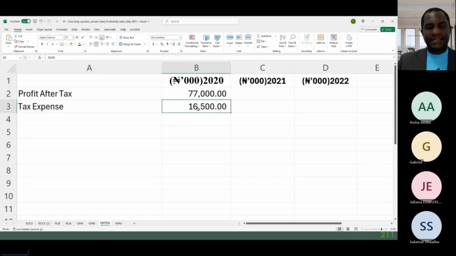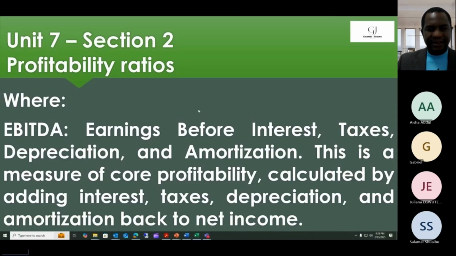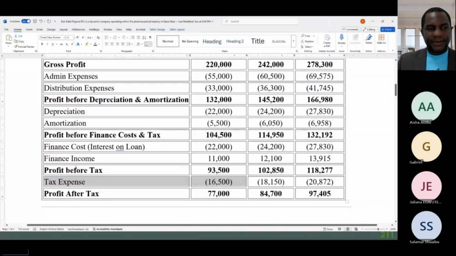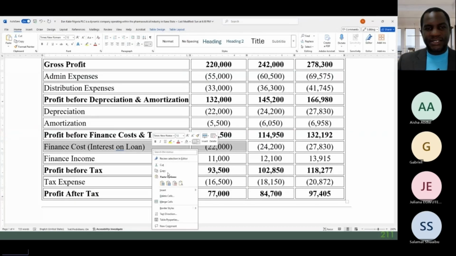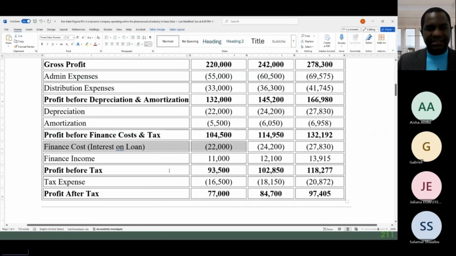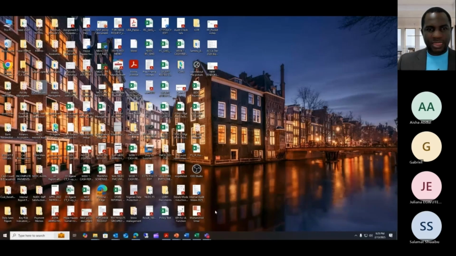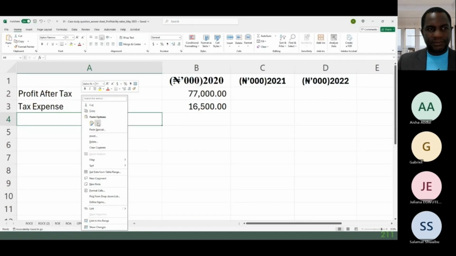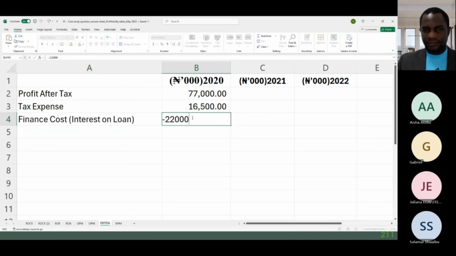Then what is the next item? I'll add back finance cost because it has been deducted. Remove the negativity, I'll add back finance cost.